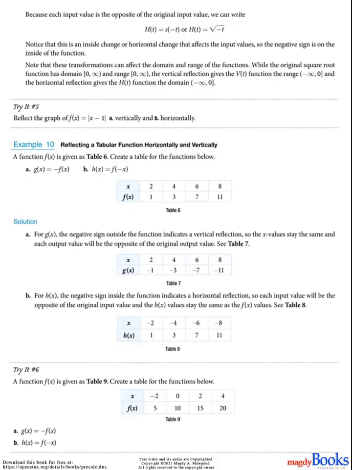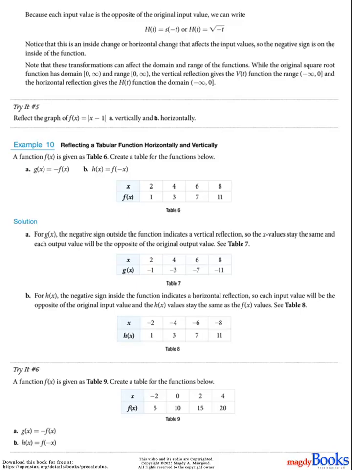Table 6. For x equals 2, f(x) is 1. For x equals 4, f(x) is 3. For x equals 6, f(x) is 7. For x equals 8, f(x) is 11.